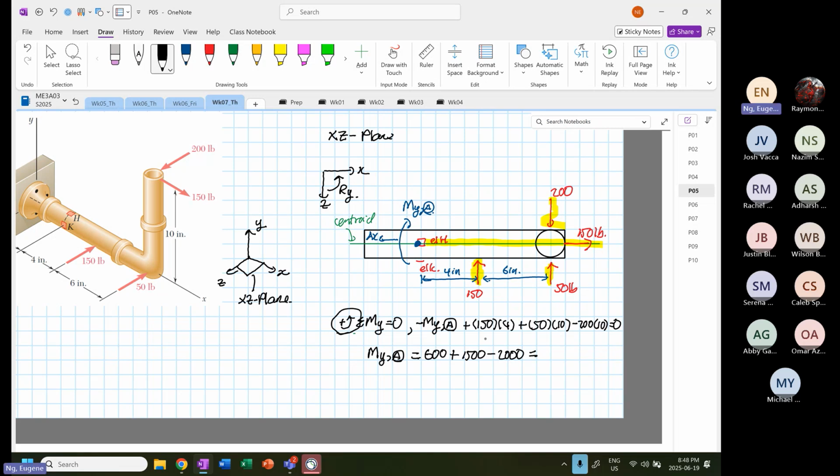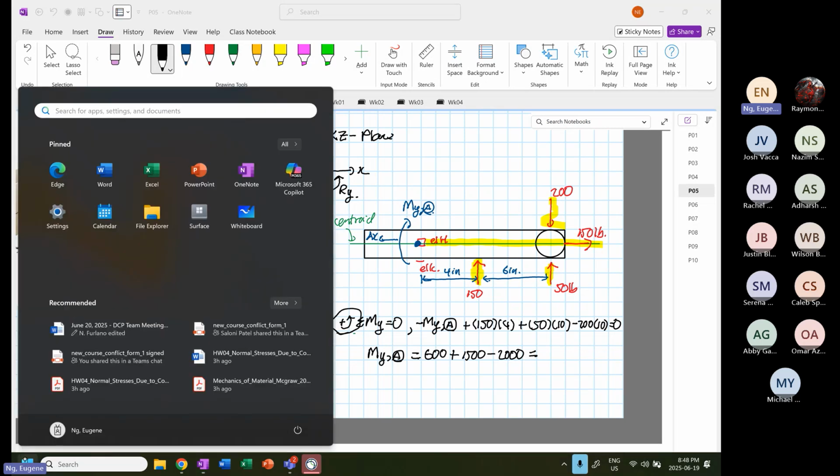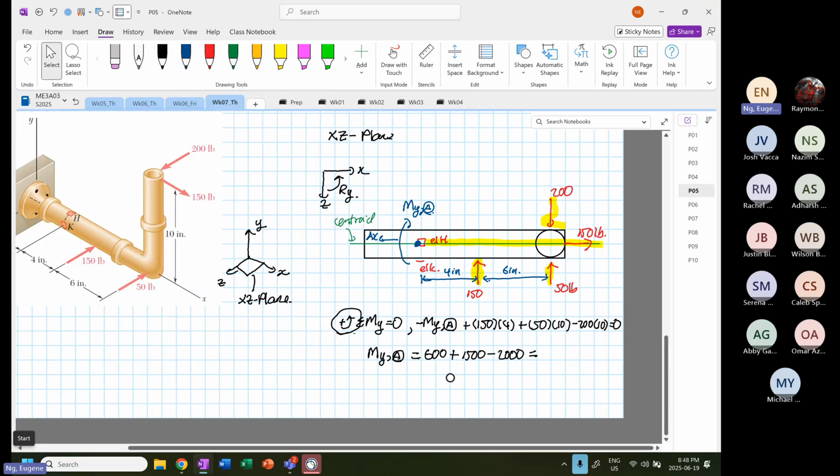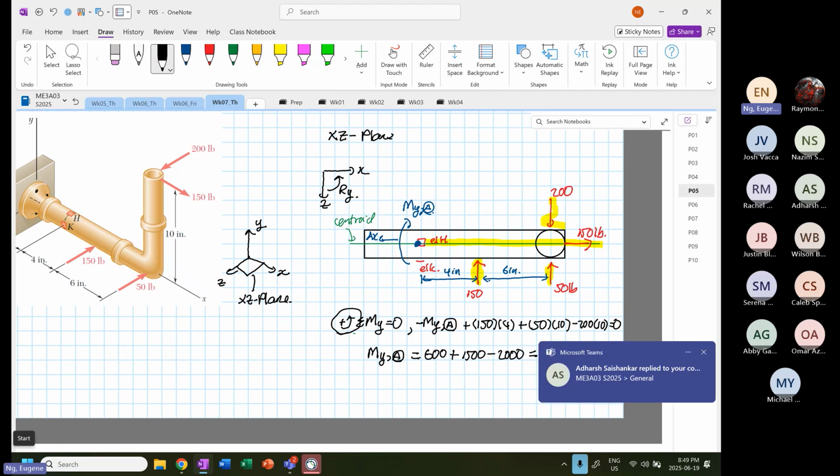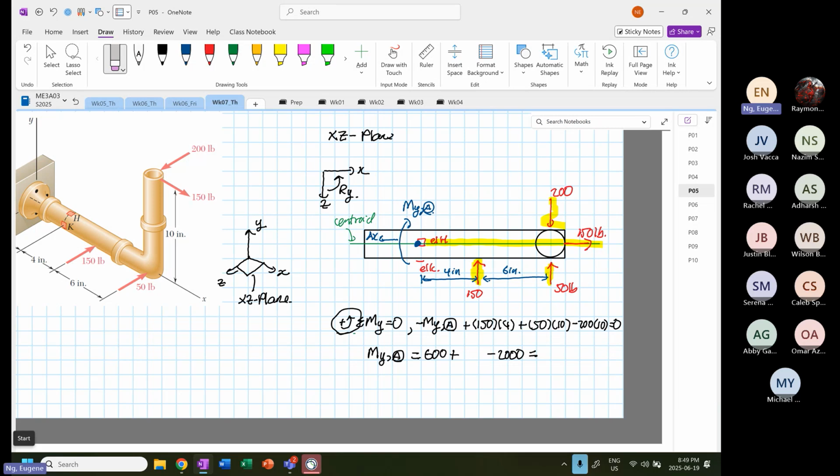Hold on. 150 multiplied by 4, so 600. Let me do the sum first. 600 plus 1500 minus 2000. So this is equal to, how come my numbers are different now? Wait. 150 times 4. 50 times 10. Ah, so this is 500.